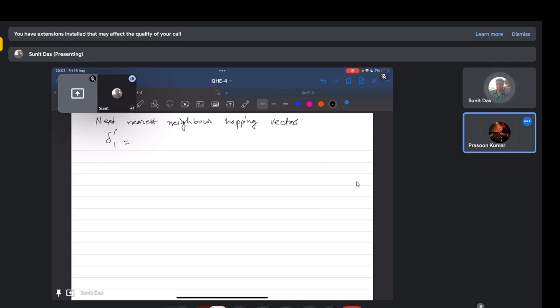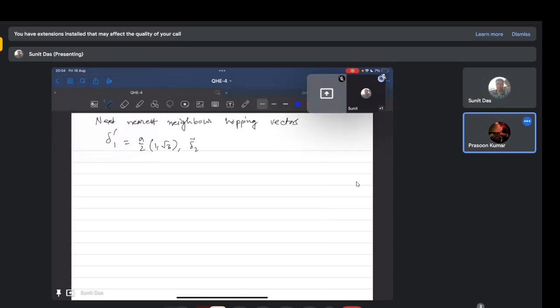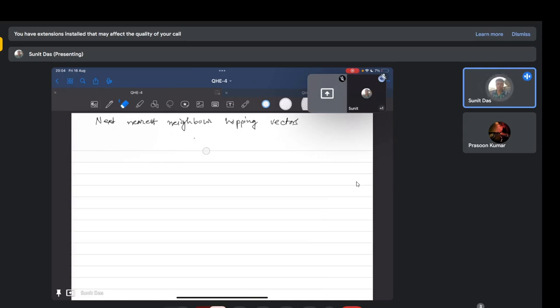Delta 1 prime will be plus minus a1, and there will be six next nearest neighbors.